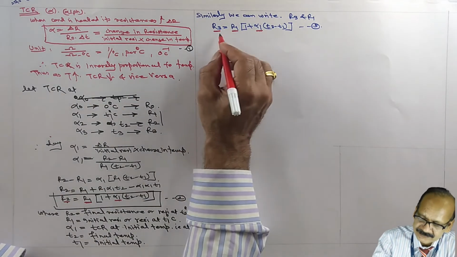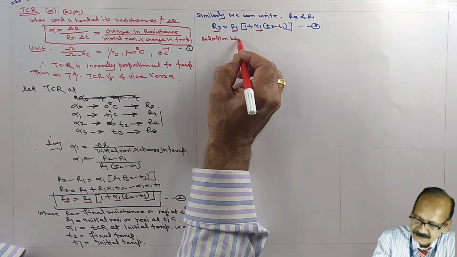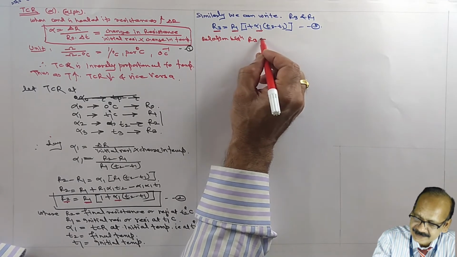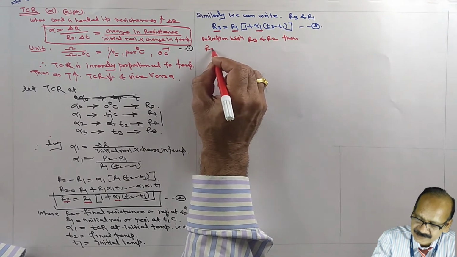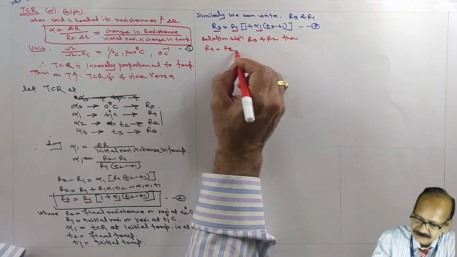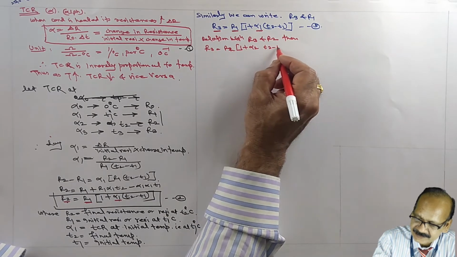If you want to find the relation between R3 and R2, then R3 equals R2 into bracket 1 plus alpha 2 into T3 minus T2.